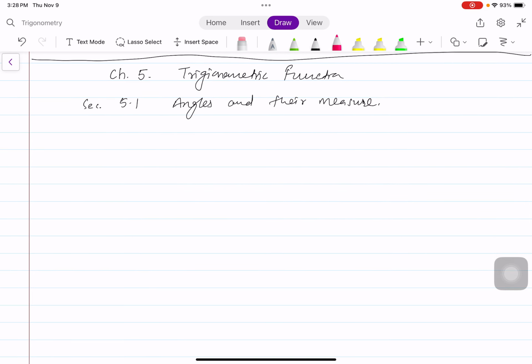Now to discuss this, we will first start from the definition, and the definition is a ray.